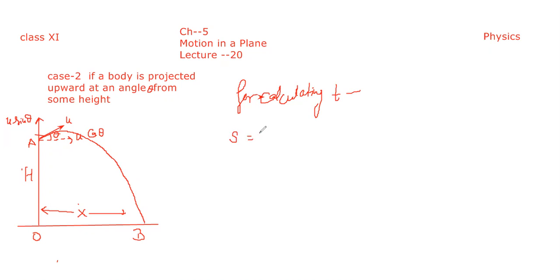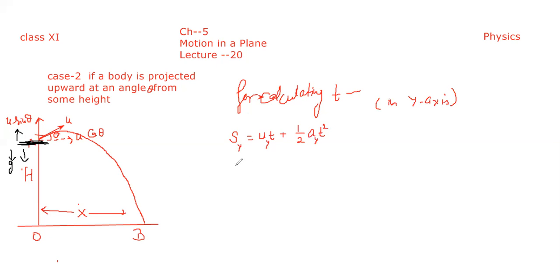So we know S equal to u into t plus half a t square. And we all know that for calculating small t, we take the y-axis. So in the y-axis we write Sy equal to uy into t plus half ay into t square. Height is downward, small g is downward, and u sin theta is upward.